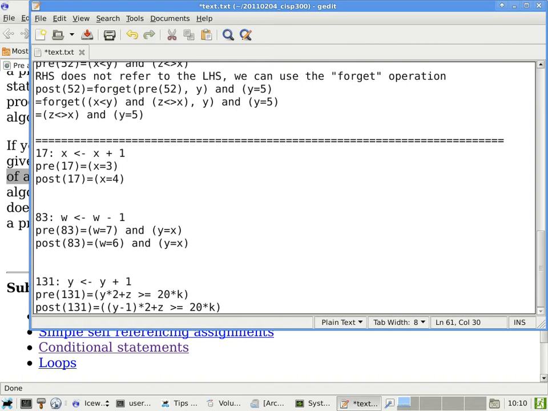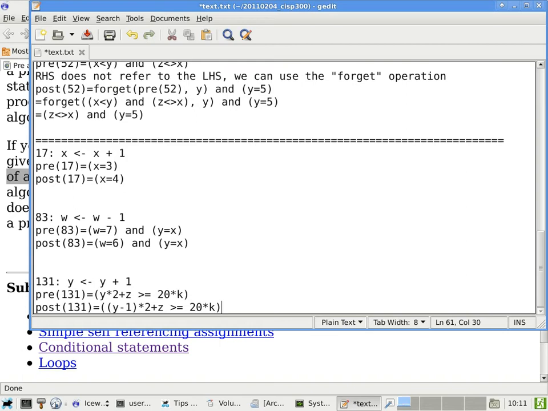Okay, now think about it like this. When I refer to y in the postcondition, I'm referring to the value of y after the execution of line 131. Right? How does the value of y after line 131 relate to the y before line 131? It's 1 more than what it used to be, right? So if I subtract 1 from the y after the statement, what do I get?